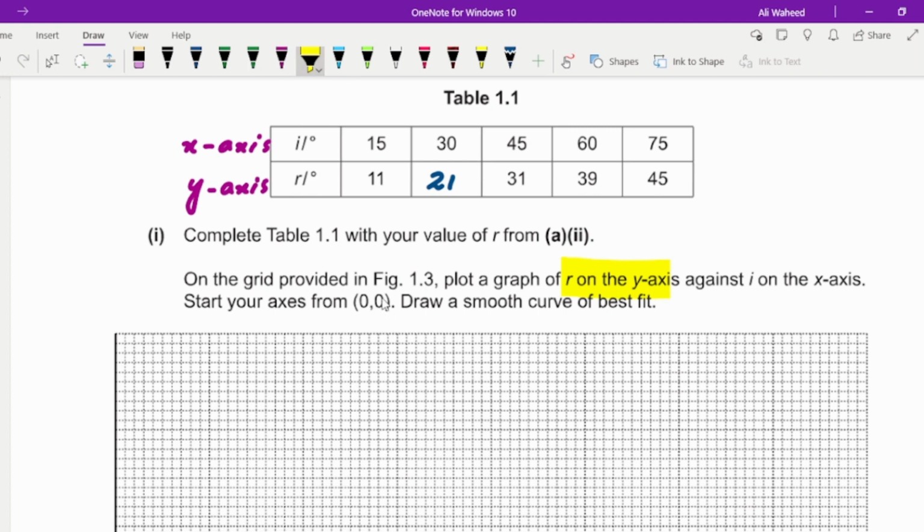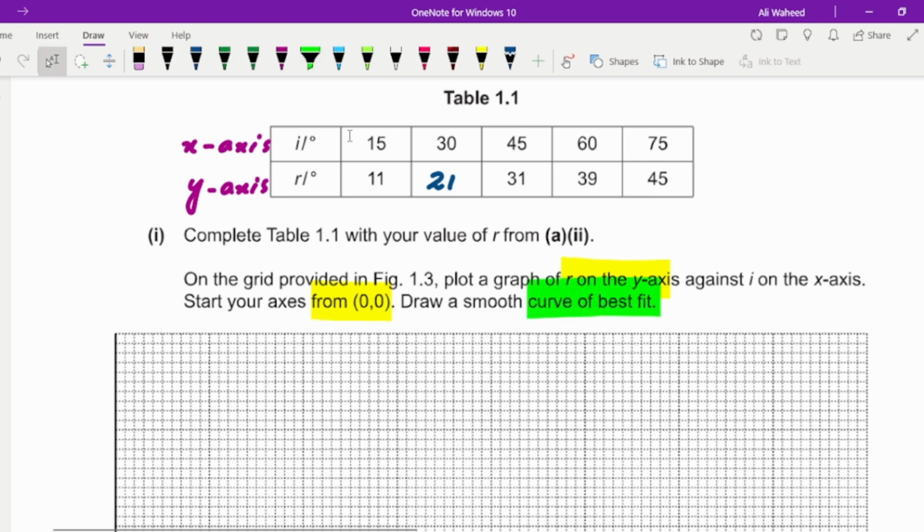You need to ensure where you need to start the graph from. Do you have a choice? No, you don't. You have to start it from 0,0. And what you need to draw is the trickiest of them all, a curve of best fit.